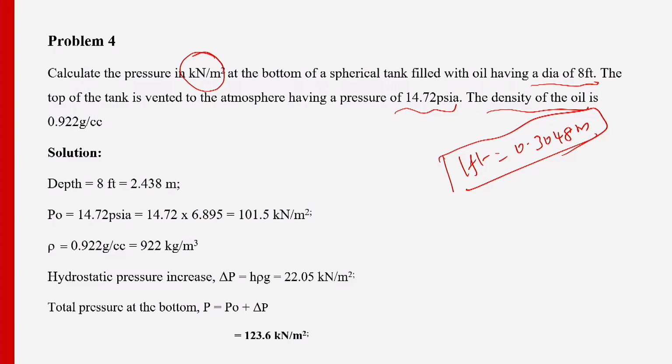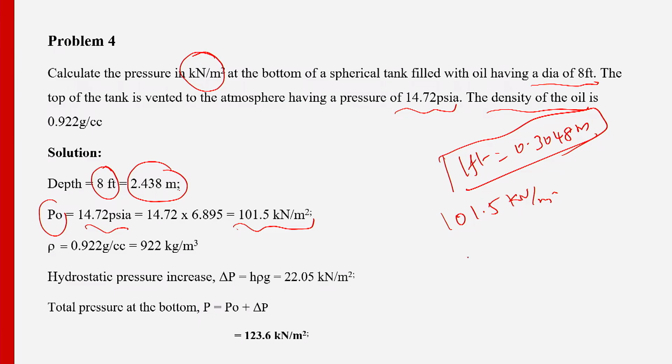So, the 8 feet here converted to meters is 2.438 meter. Then P naught is already there, 14.72 psi. You want to convert psi to kilonewton per meter square, so finally we converted it to 101.5 kilonewton per meter square. Since we are using meter square here, try to use SI units throughout the problem.